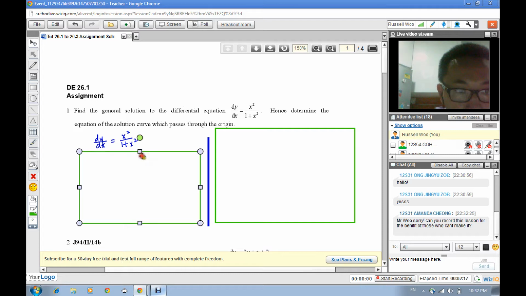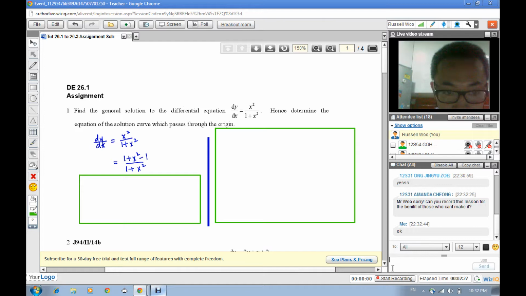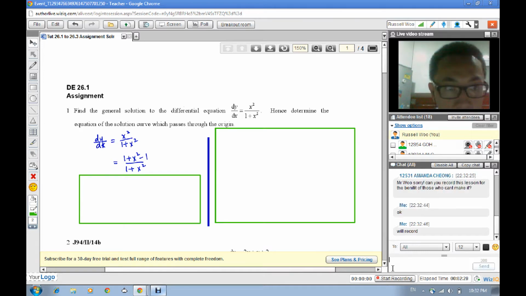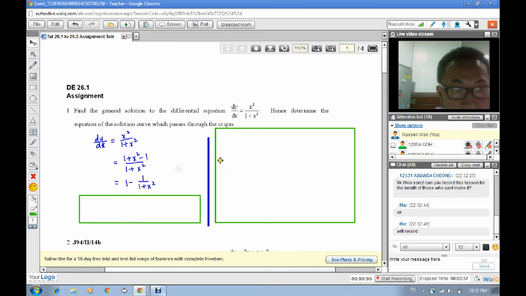What we can do is either use long division, or do a shortcut, and then we express this in this way. If we express it like that, then it looks like something that we can integrate.